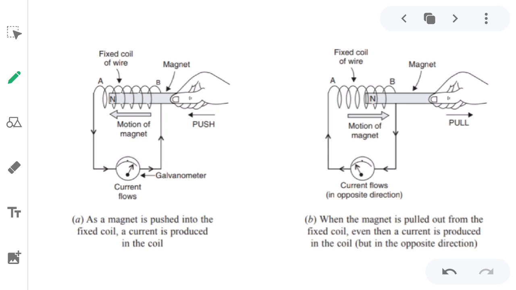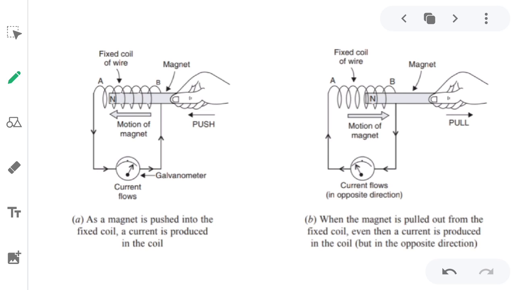As you can see in this picture, when the magnet moves in the forward direction, see the galvanometer reading, and when we pull back the magnet, look at the direction of the galvanometer's arrow, it is changing. So by changing the movement of the magnet, we can change the direction of the induced current.